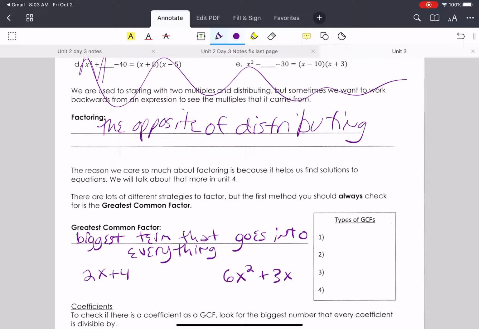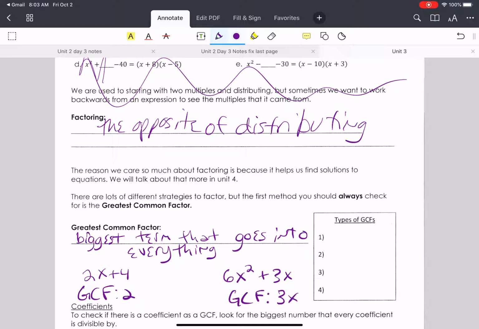Yeah, why, Tyler? Good job, Tyler. Yeah, it's 3x. They both have x's. They don't both have x squareds though, right? But they both have x's, and 6 and 3, the biggest thing that goes into both of those nicely is the 3. Good job. Okay. So far, so good?